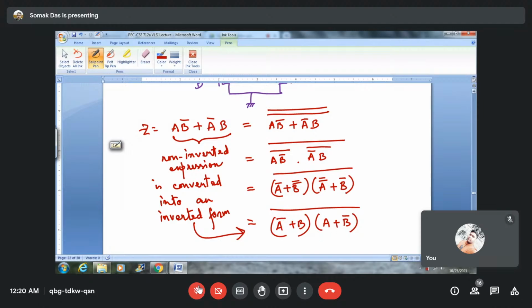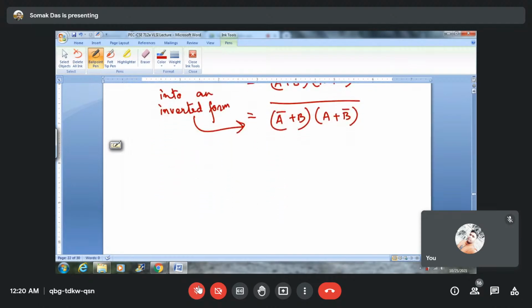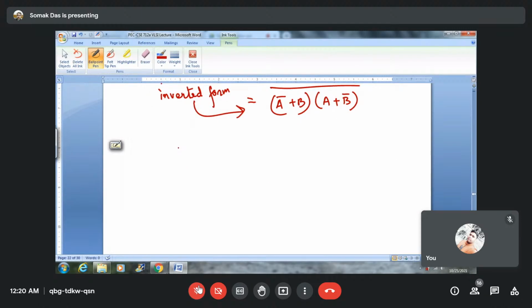So now you can design your PMOS circuit. So Z equals to ultimately Z becomes this. So how to design the PMOS circuit? The load transistor remains the same.